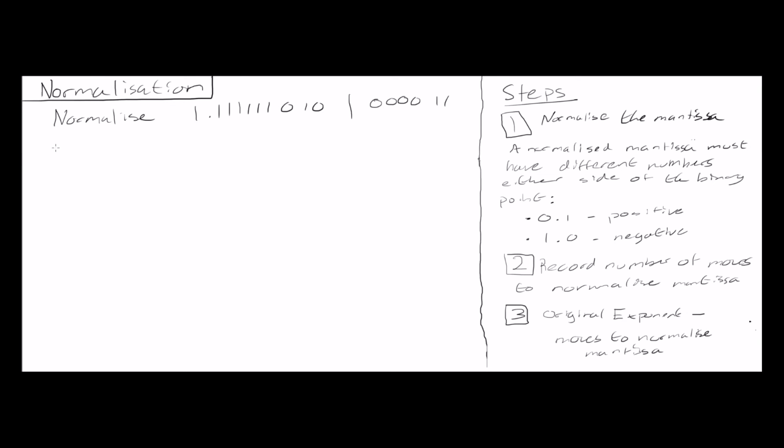And that's our first step to normalize the mantissa. So we move this over here, counting the number of steps that we take: 1, 2, 3, 4, 5, 6. We can see for our stage 2 that this is going to be 6 steps to normalize the mantissa. So our normalized mantissa then is going to look something like this.